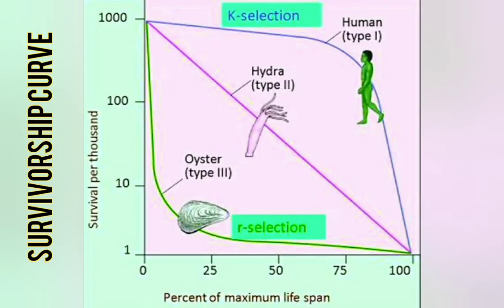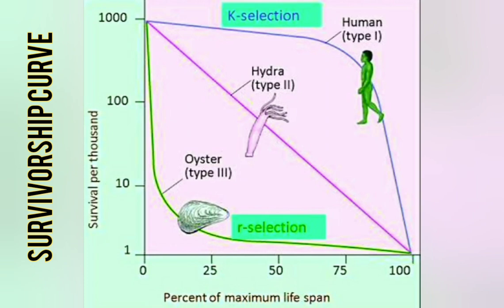Now look at this survivorship curve. This shows you the different K-selected and R-selected species, where on the x-axis survival per 1000 individuals is plotted, and on the y-axis you'll see percent of maximum lifespan.